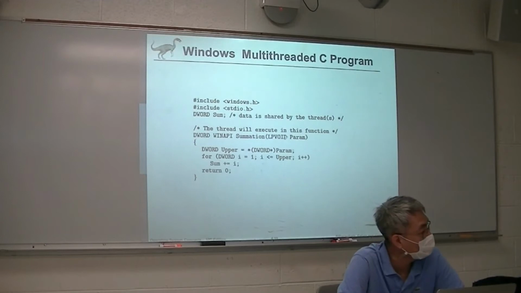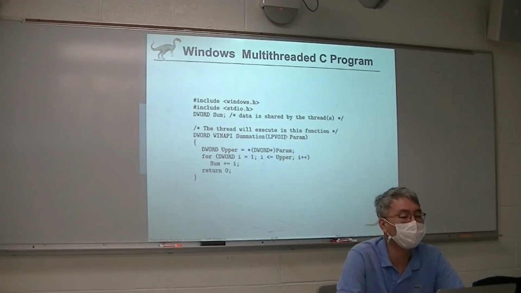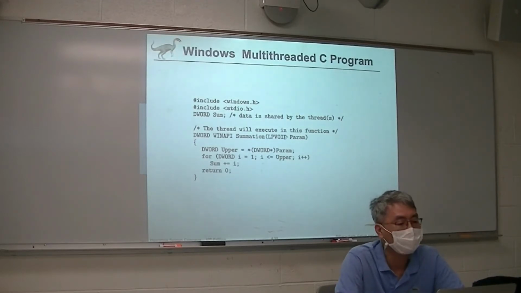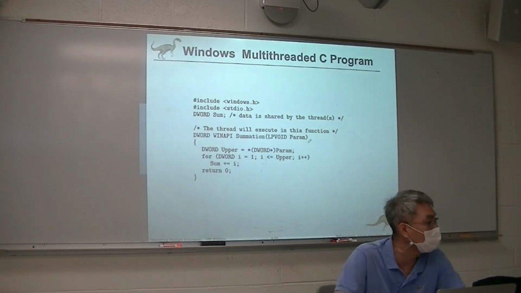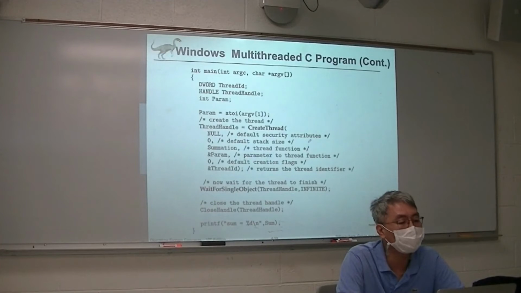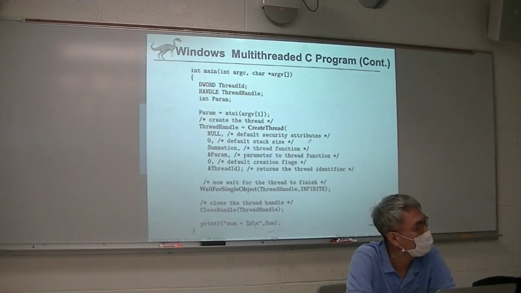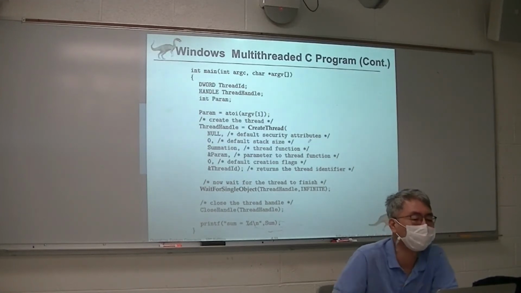Windows also provides a thread library. Okay, so it's the same idea. This summation is your thread-specific task running in parallel. Then this is the C program example based on the Win32 API thread.